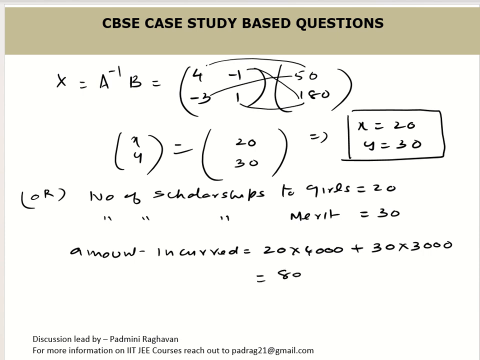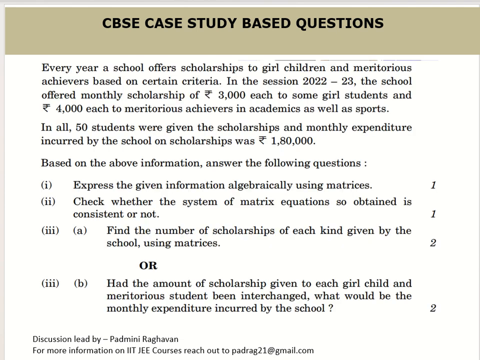So this will give us 80,000 rupees, plus this will give us 90,000 rupees, which is going to be rupees 1,70,000.